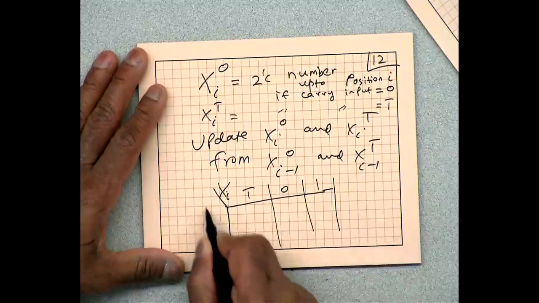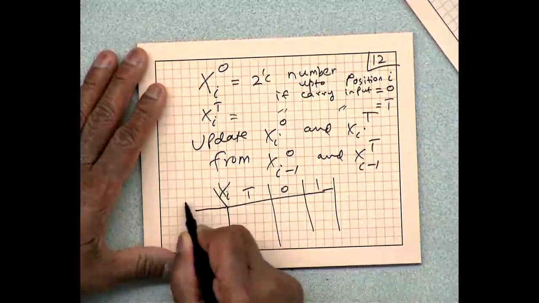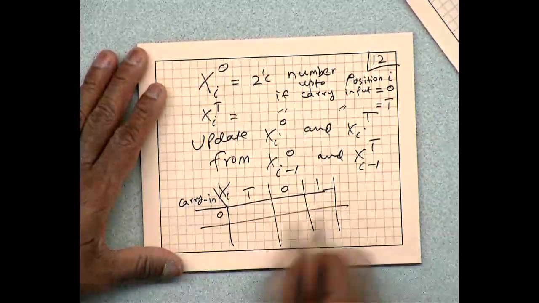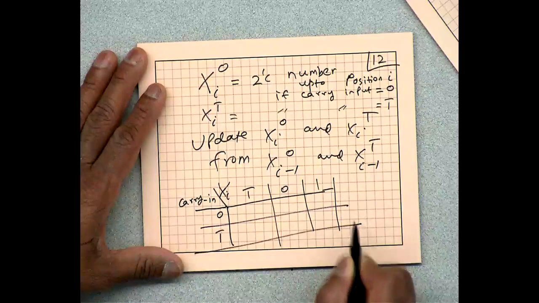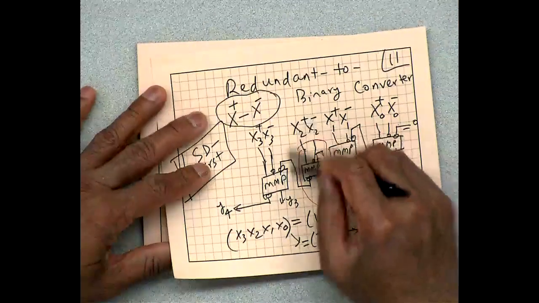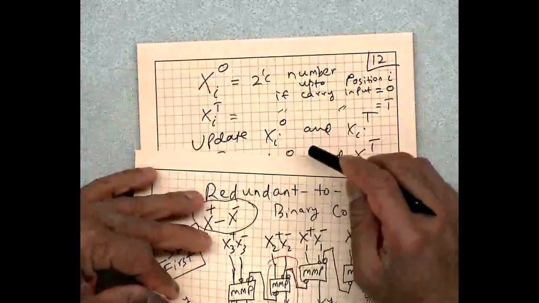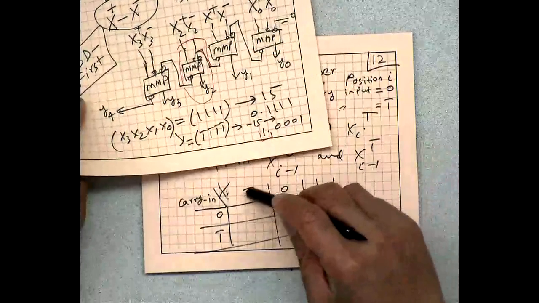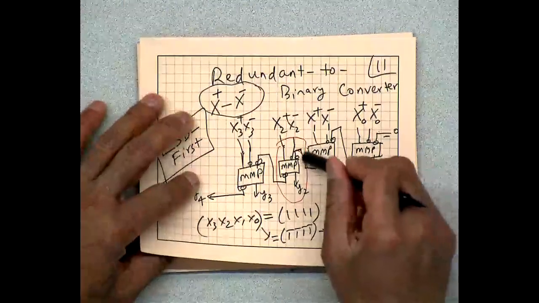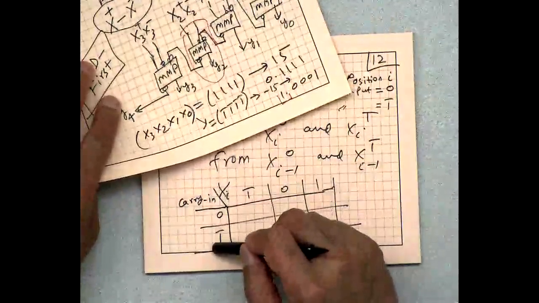And the carry coming in can be 0 or 1 bar. So at any position xi, xi plus xi minus can be 1 bar, minus 1, 0 or 1. The carry coming in will be 0 or minus 1 bar.